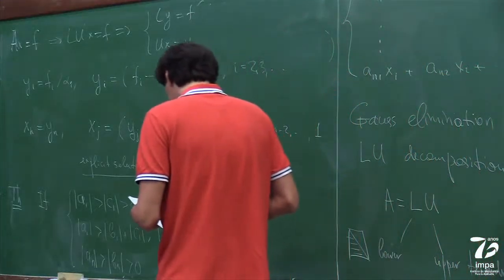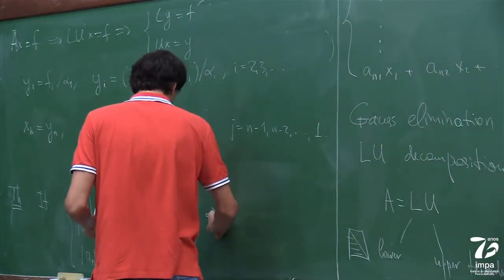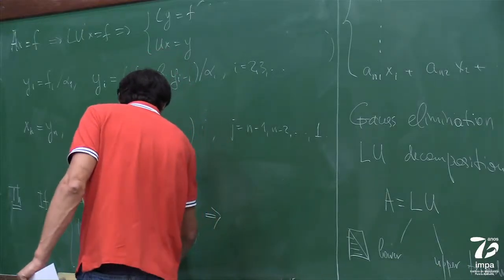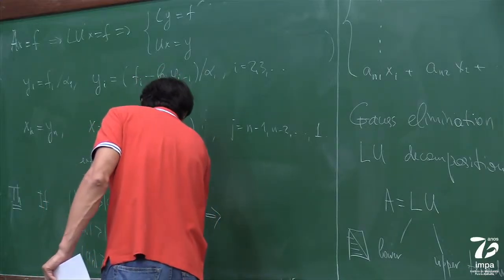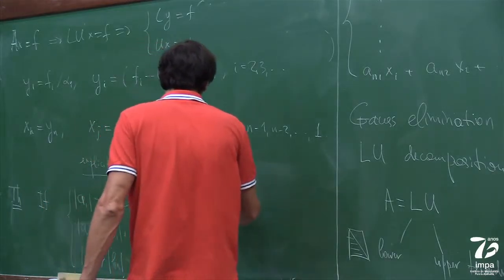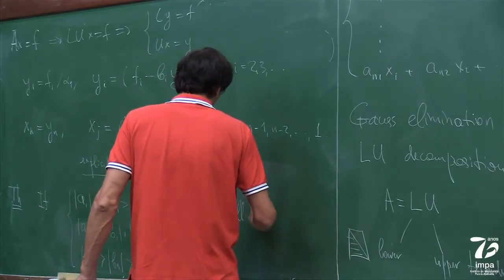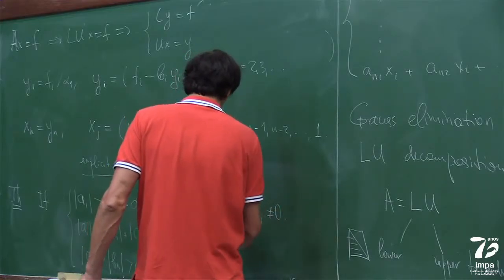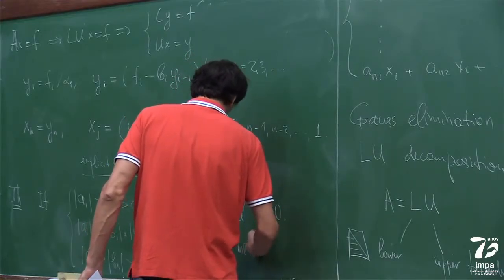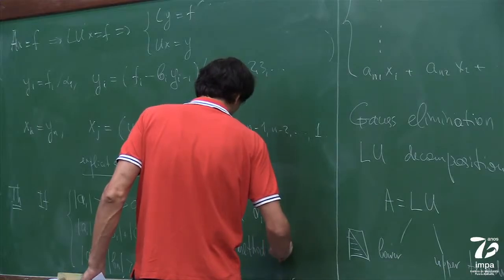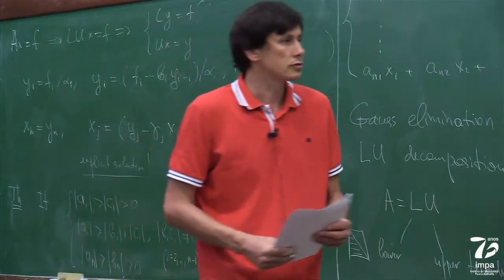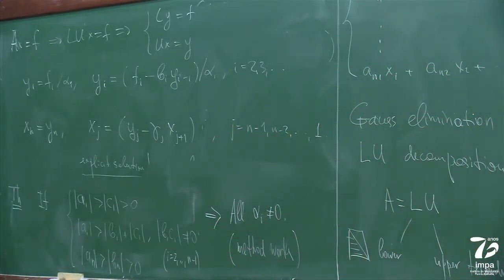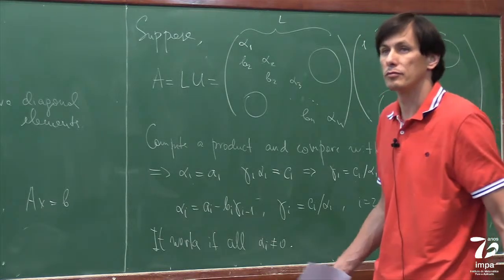So then, this is for I from 2 to n minus 1, right? So then all alpha I are non-zero. That means that the method works. So that's a simple condition that just verifies that everything works. The other way is just to compute and see that all of them are non-zero.